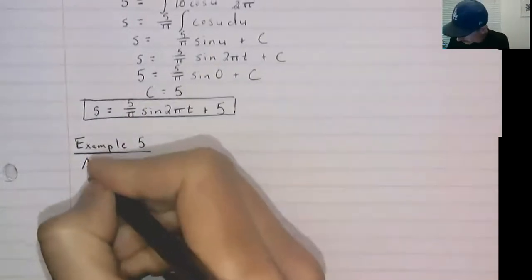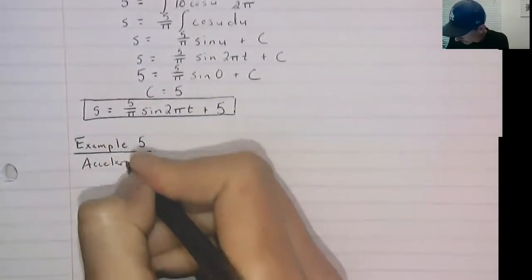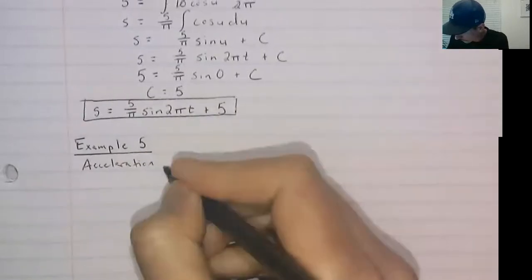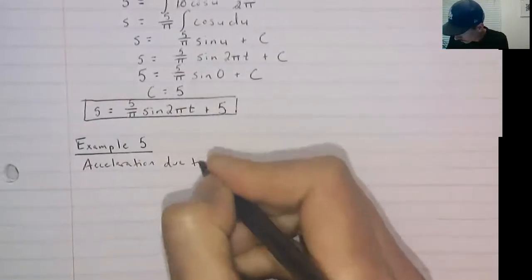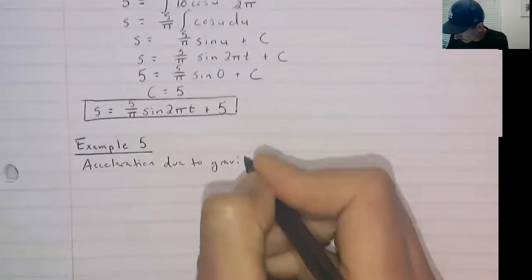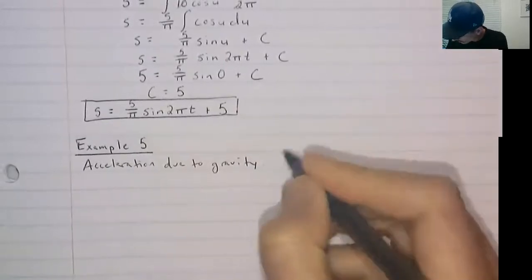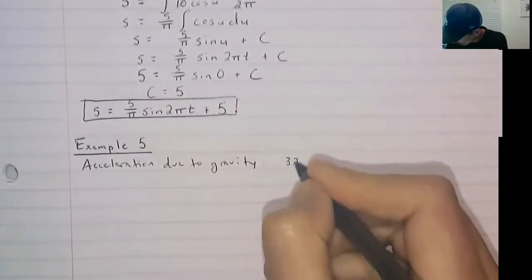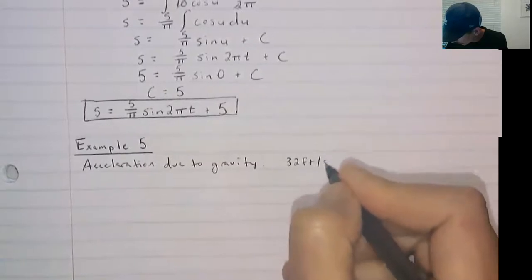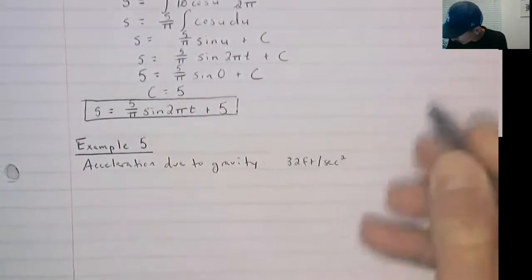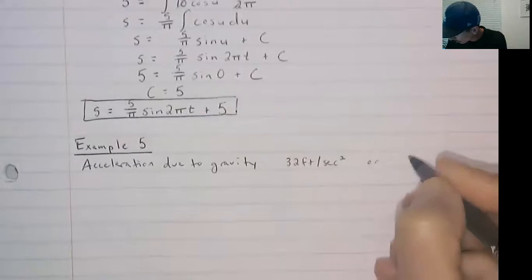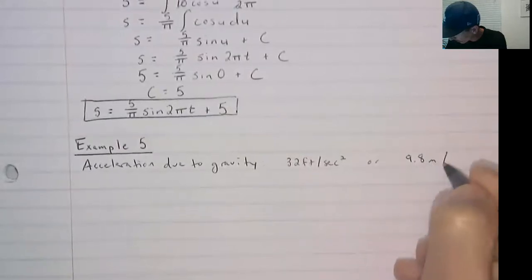So acceleration due to gravity is 32 feet per second squared, or 9.8 meters per second squared.